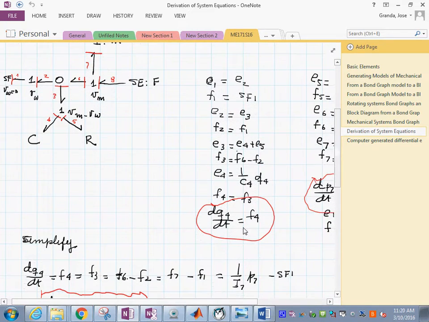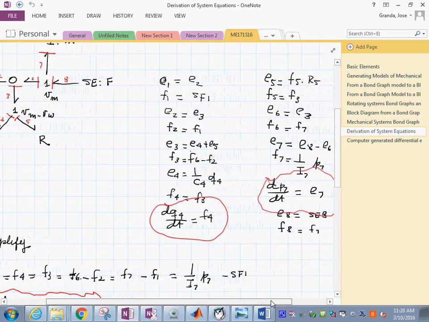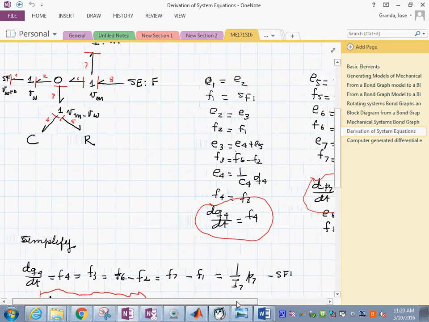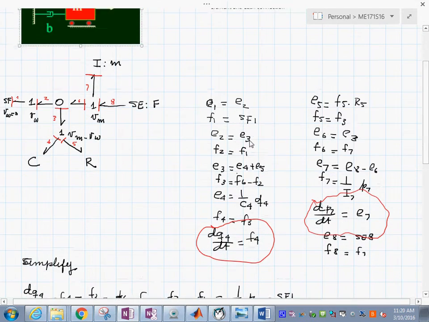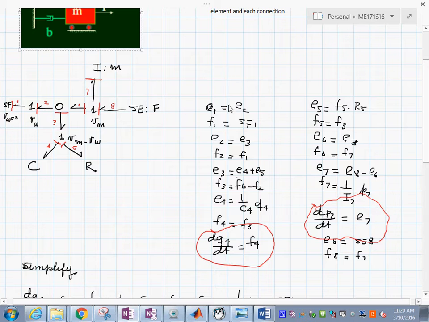See, we started from the beginning here. We said, okay, look, you have like E1 is equal to E2 following the causal marks, and F1 is SF1, and for each one of these we put the constitutive law following the power flow and the causal marks.